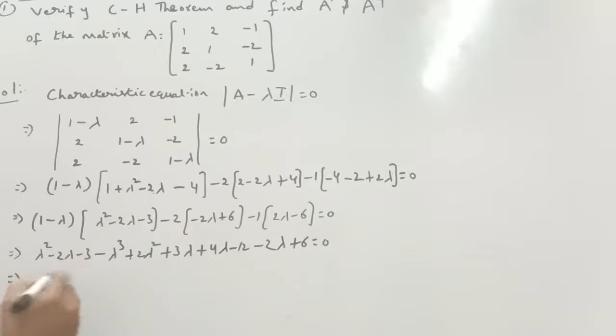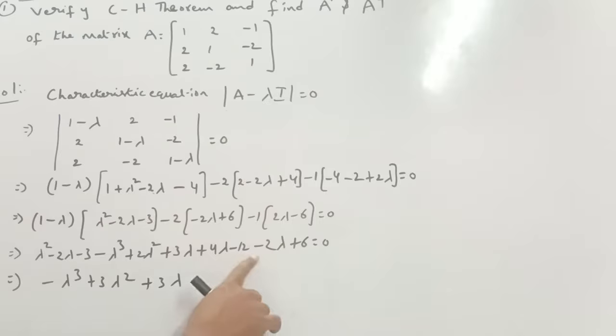If I simplify this, what I get here: minus lambda cube, lambda square plus 2 lambda square is how much? 3 lambda square. Then minus 2 plus 3 is 1, 1 plus 4 is 5, 5 minus 2 is 3, so plus 3 lambda. Now constants: minus 3 minus 12 is minus 15, plus 6 is minus 9, is equal to 0.